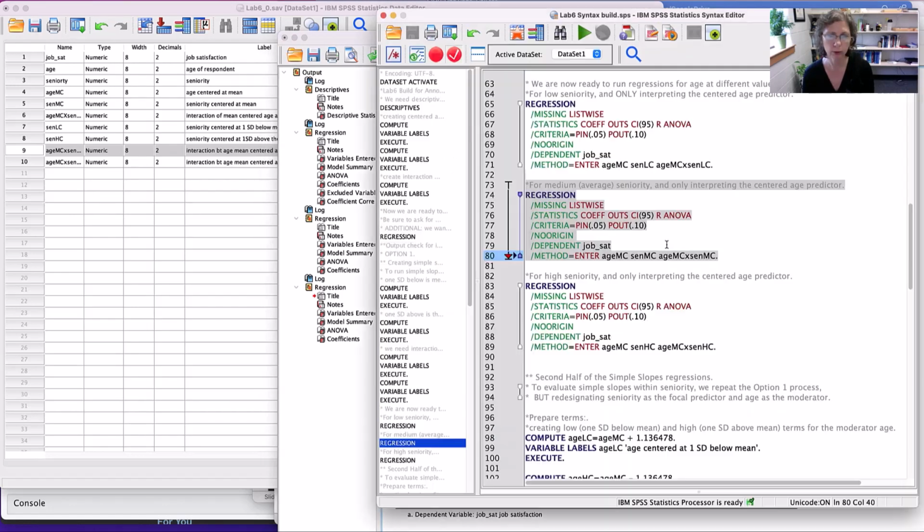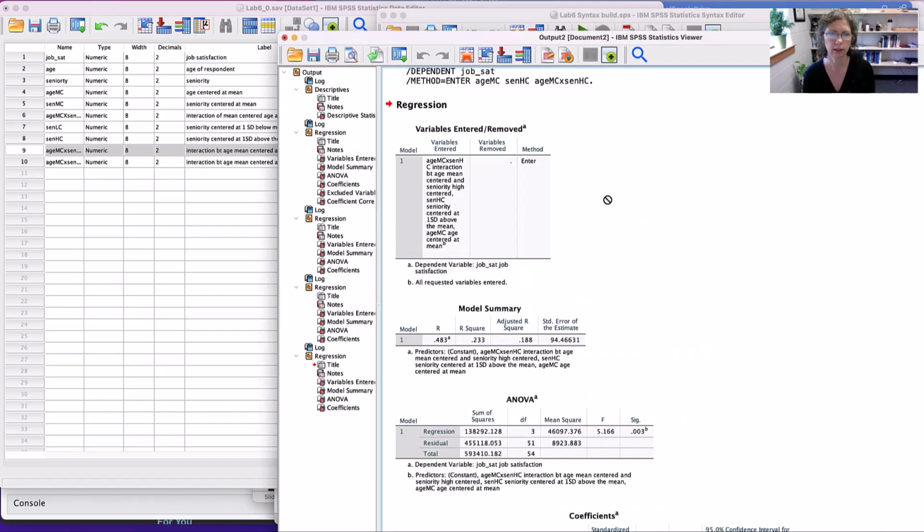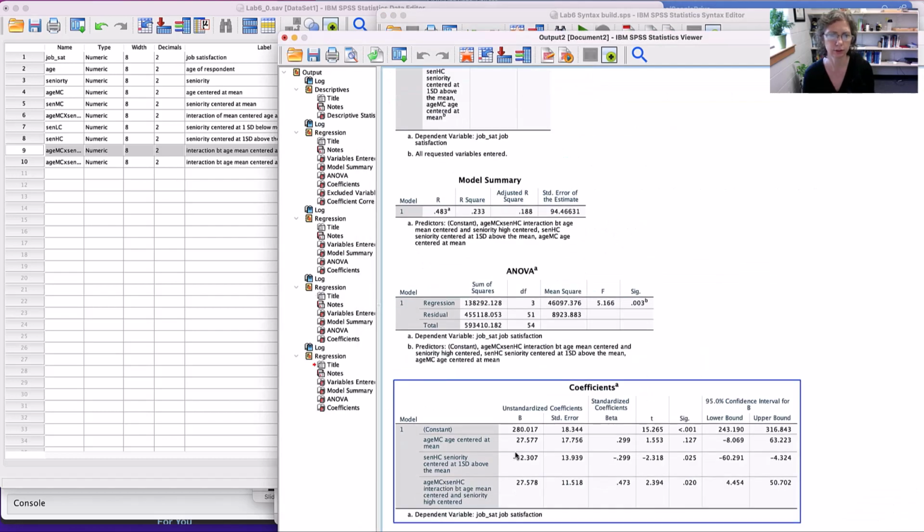And then one more, where age is the focal, under the condition of high seniority, we'll look at these. Again, going straight to our coefficients. What is the relationship between age and job sat under the condition of high seniority?